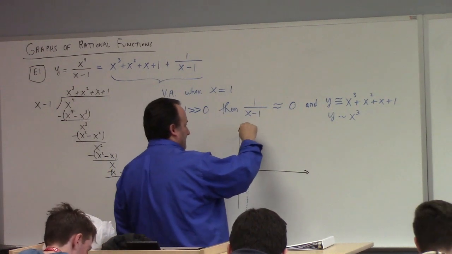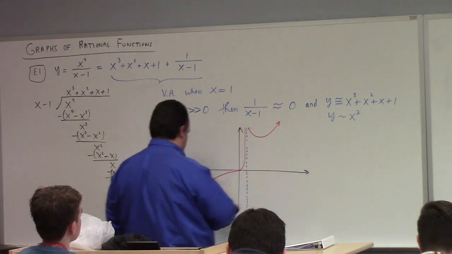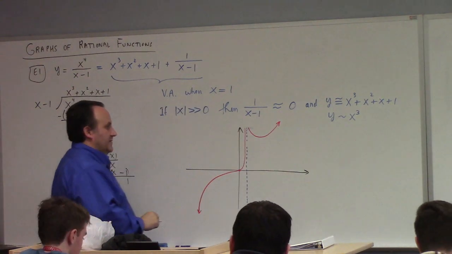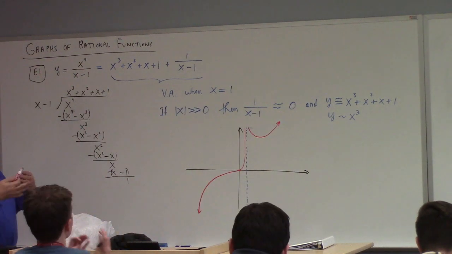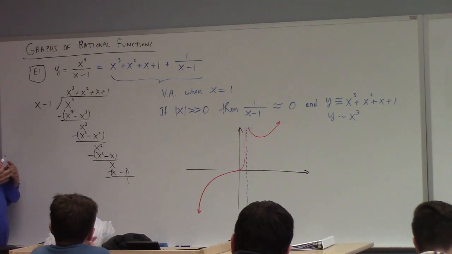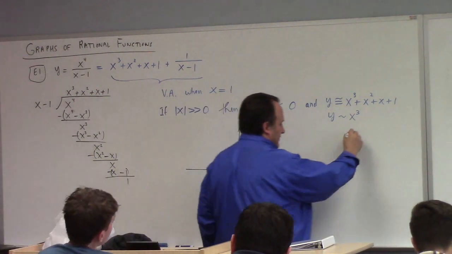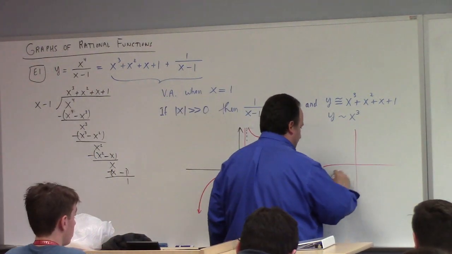So what I'm trying to graph, and I don't know if I'm doing a very good job here, is essentially the graph of the cubic function, which is something like this.